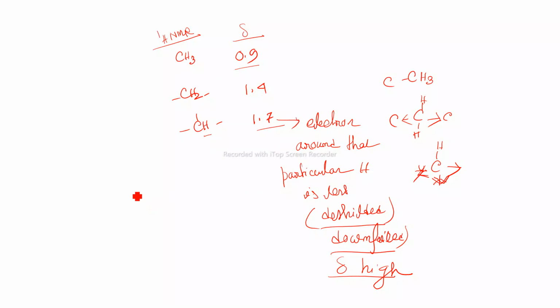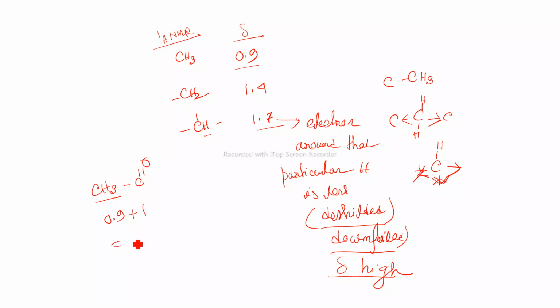Okay, if you check the Clayden book, there is one table. That table summarizes, let's say CH3CO is there. You know that the CH3 value should be 0.9, and in the Clayden book there is a small table. If the carbonyl group is there, you should add 1.